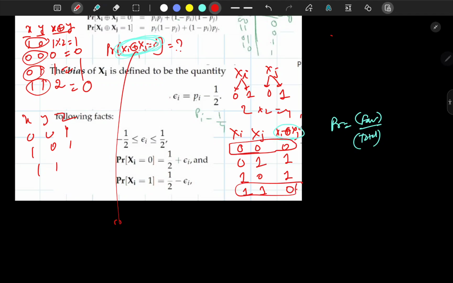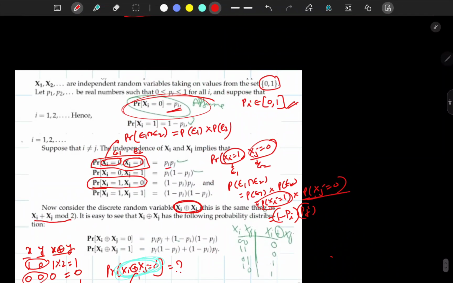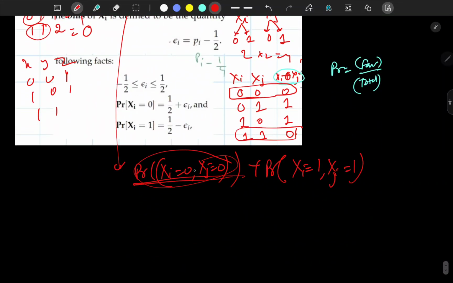So I can write a similar statement as the probability that xi equals 0, xj equals 0, plus the probability that xi equals 1, xj equals 1. The comma is nothing but intersection. For independent events, the formula is just the multiplication of the individual probabilities. So pi into pj, and 1 minus pi into 1 minus pj, like this.